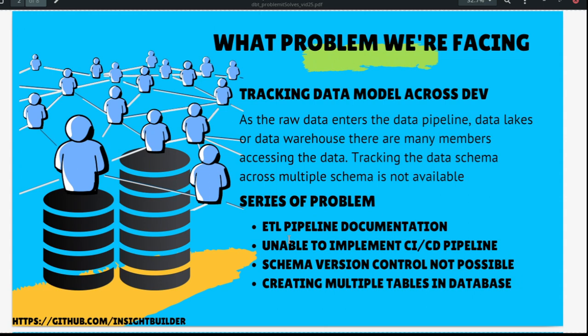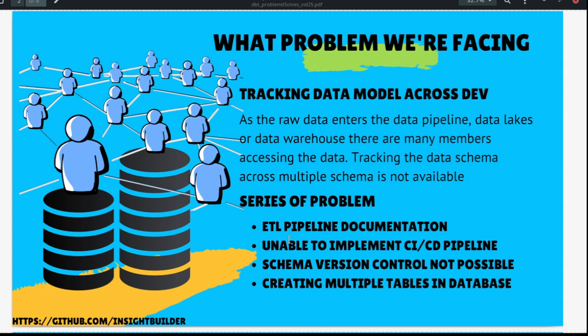Second challenge is implementing CI/CD, that is continuous integration, continuous deployment pipeline. So this way of doing development is, whenever you make any changes in the development, you can immediately do a CI/CD testing. So you can check whether the change in the development code gets integrated easily with the actual production code.